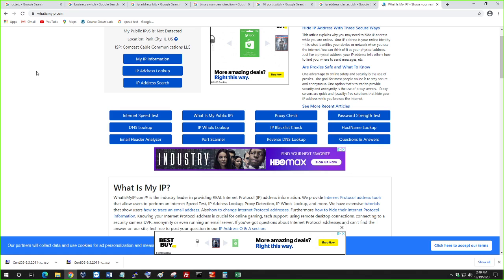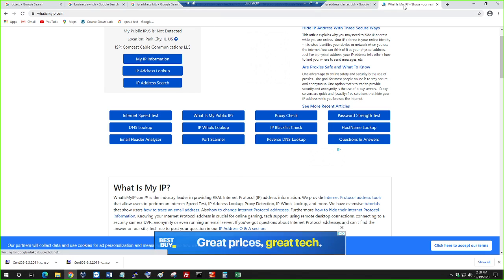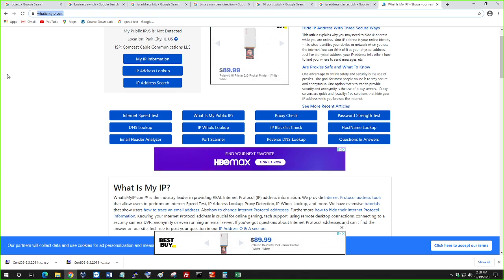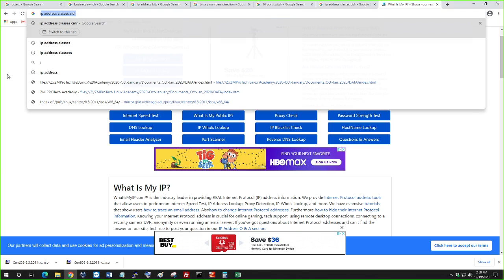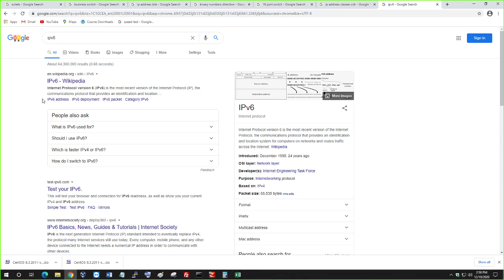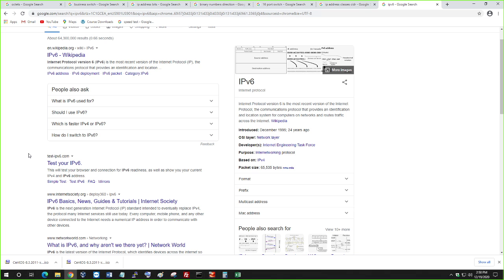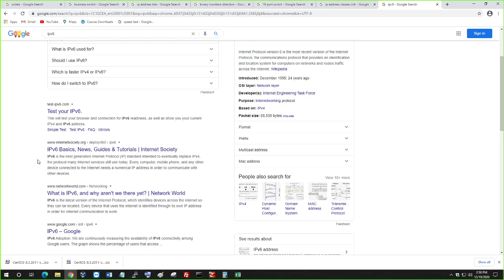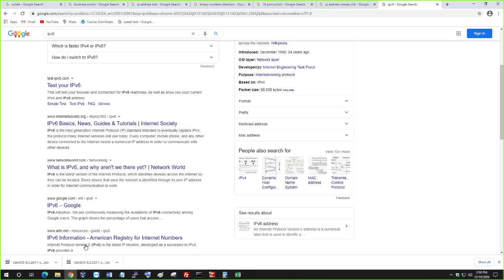Okay, so let's take a look at that. Most of the time, home computers would have IPv4 and IPv6.